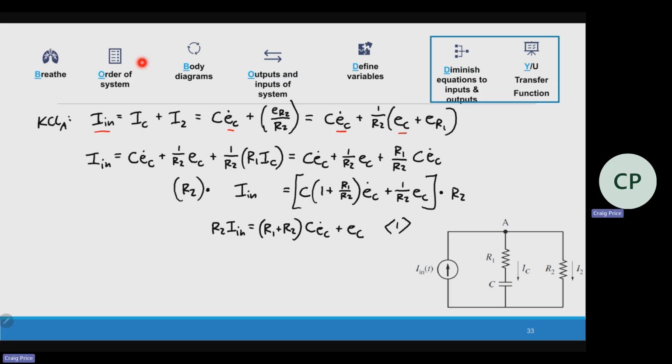So just by multiplying both sides by R2, that takes out all those fractions. It just makes it look a lot cleaner. And now we have a good first order equation.